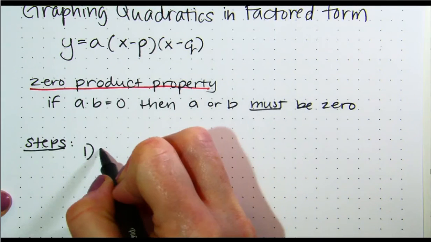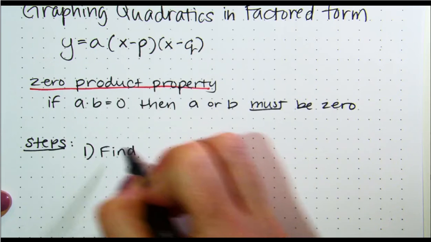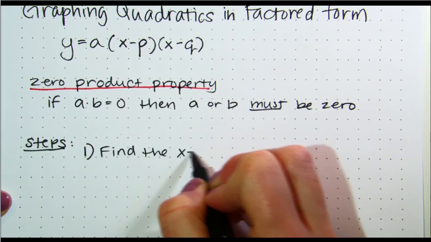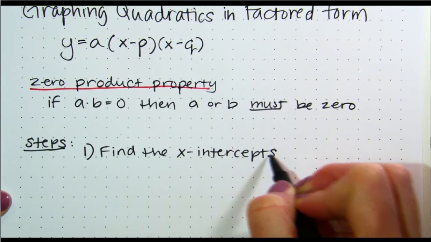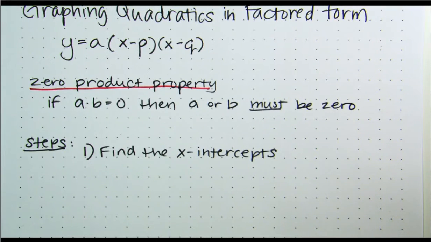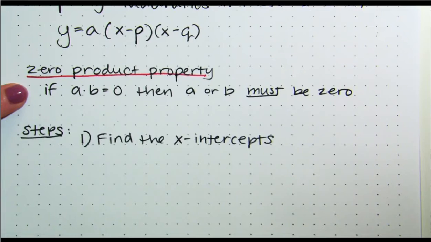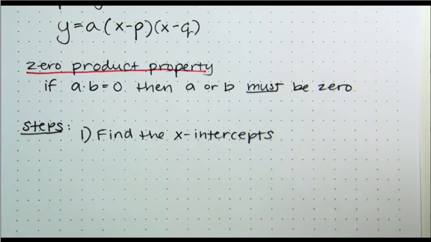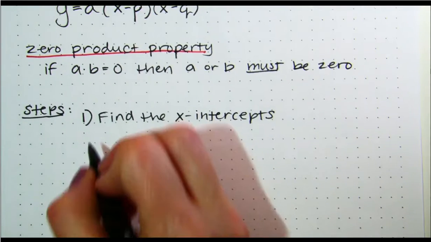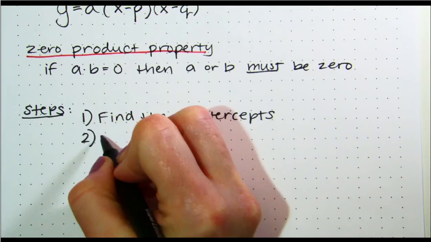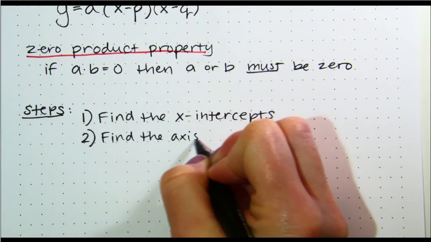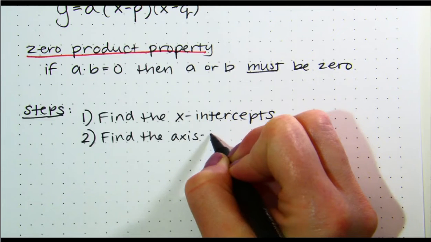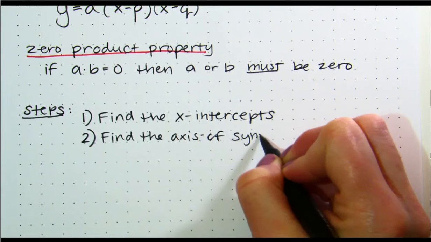So step 1 is to find the x-intercepts. And we're going to be using the zero product property when we do step 1. Step 2, find the axis of symmetry.